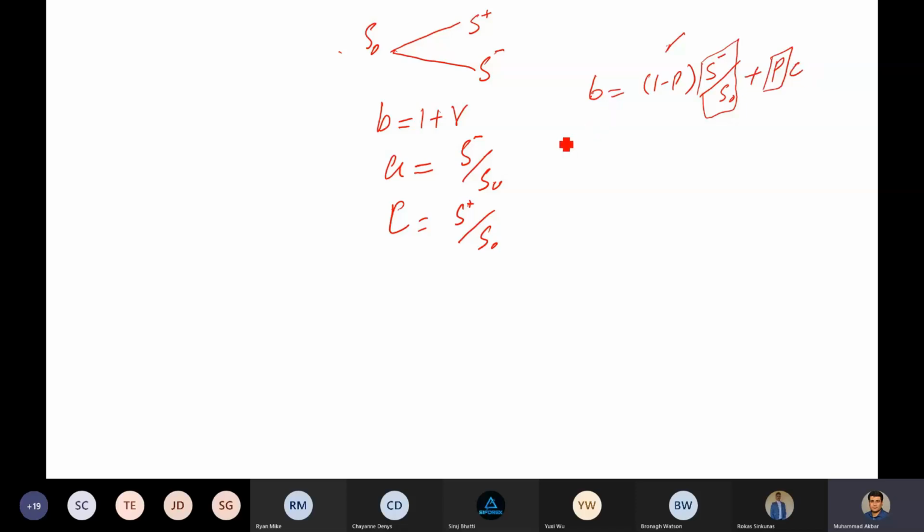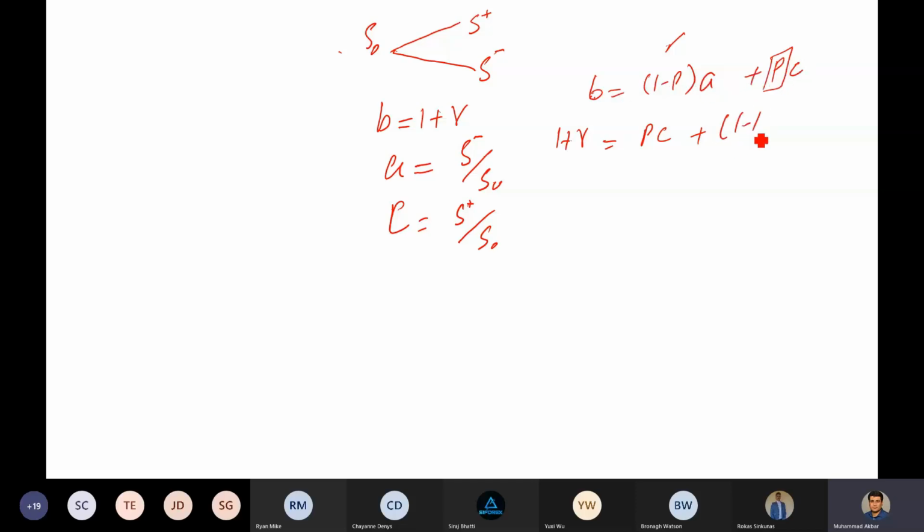So let me write this now. Because B is equal to 1 plus R, let me rearrange this: B is equal to (1 - P) into A plus PC.